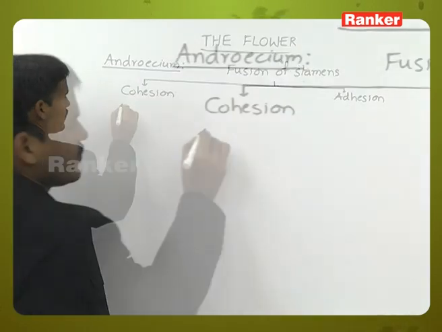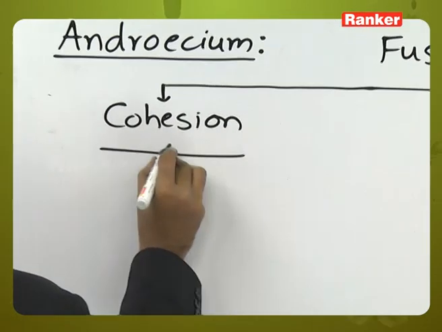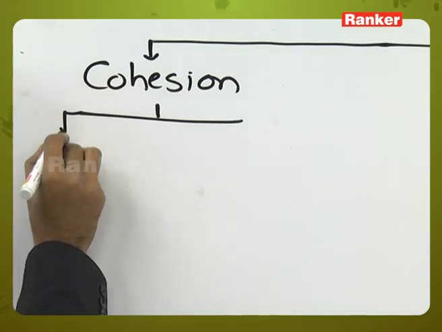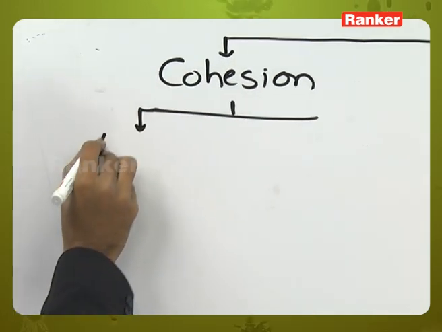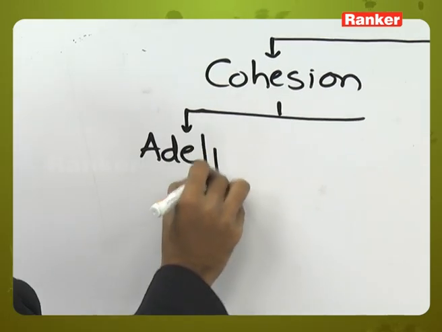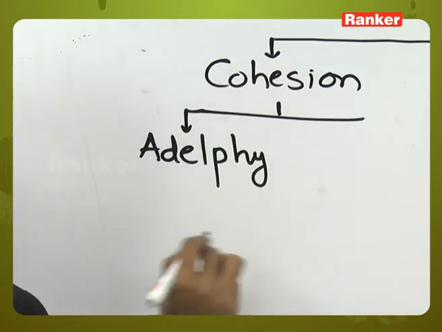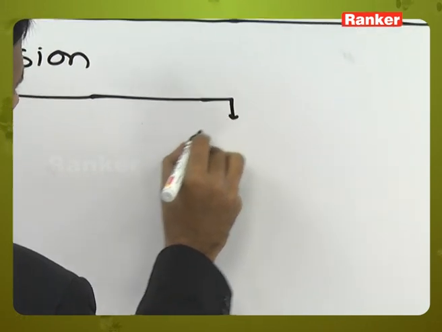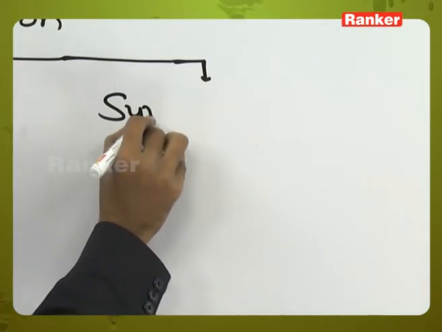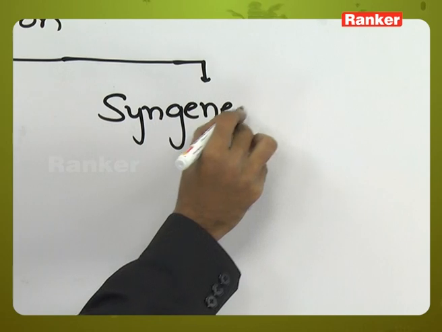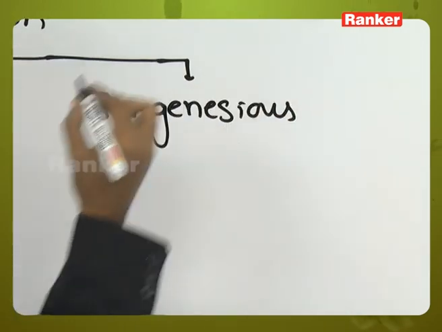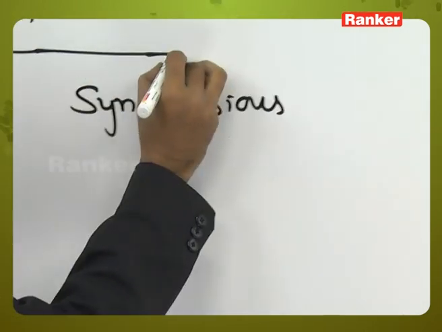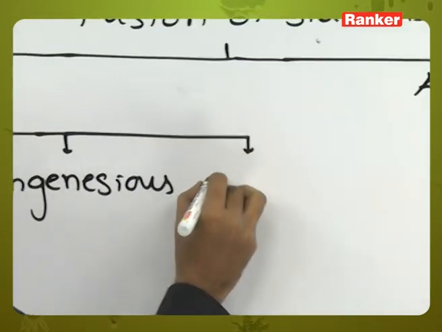Cohesion is again of three types. The first one is Adelphy, the second one is Syngenesious, and the third one is Synandry.